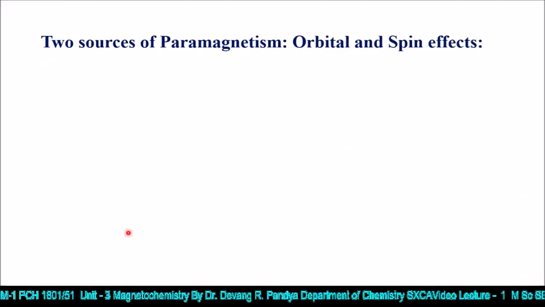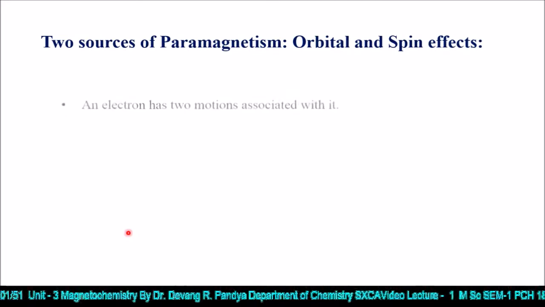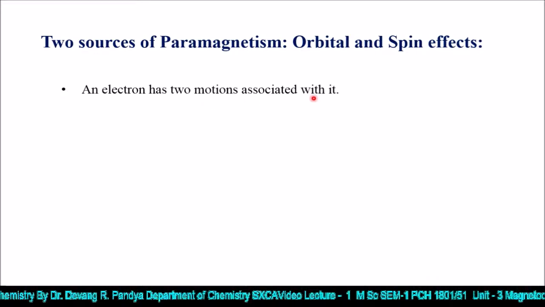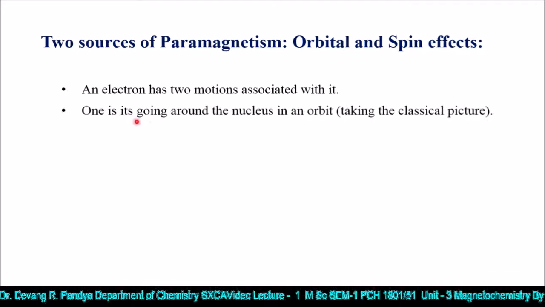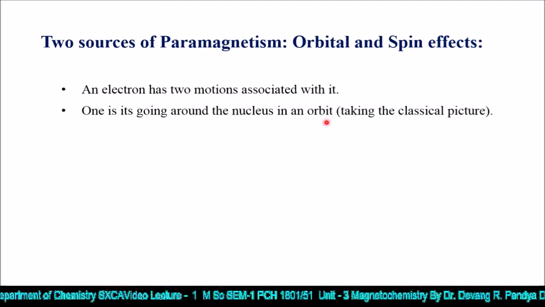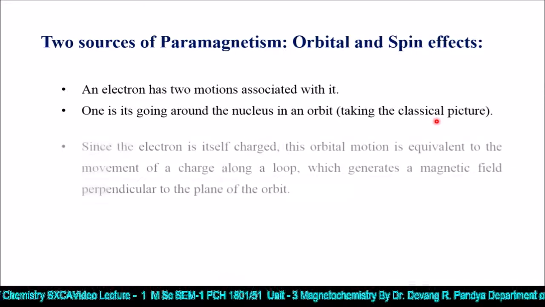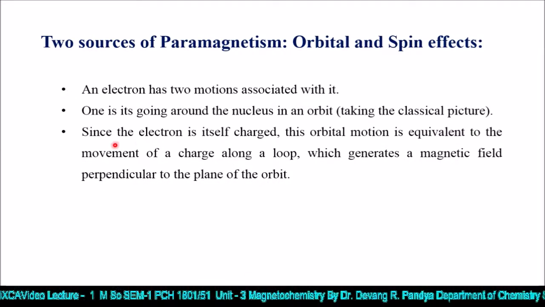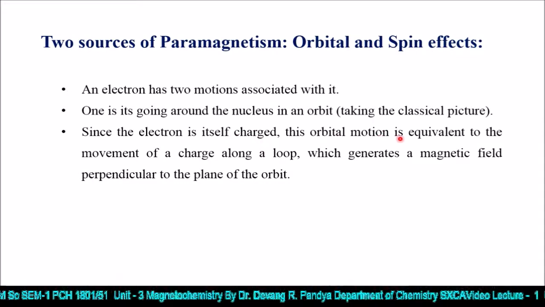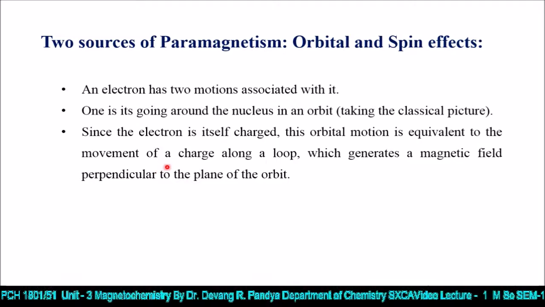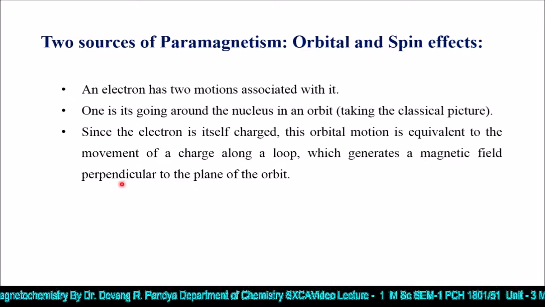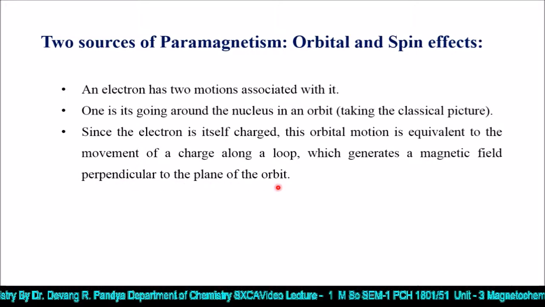Now, two sources of paramagnetism: orbital and spin effect. An electron has two motions associated with it. One, it goes around the nucleus in an orbit, that is orbital rotation. Taking the classical picture, which we will show you later, since the electron is itself charged, this orbital rotation is equivalent to the movement of a charge along a loop, which generates a magnetic field perpendicular to the plane of the orbit.